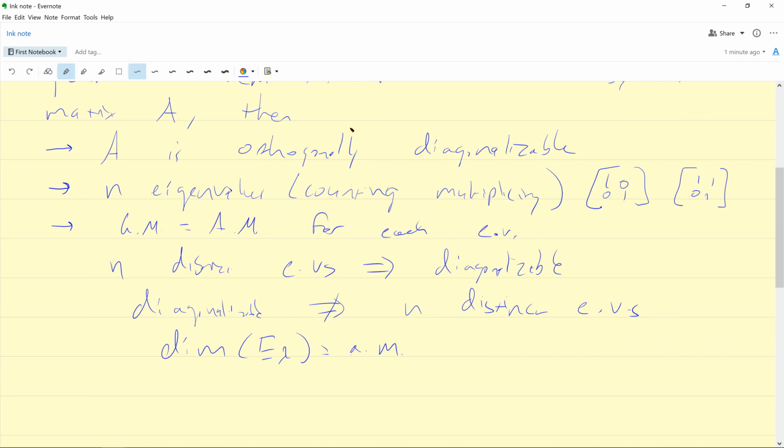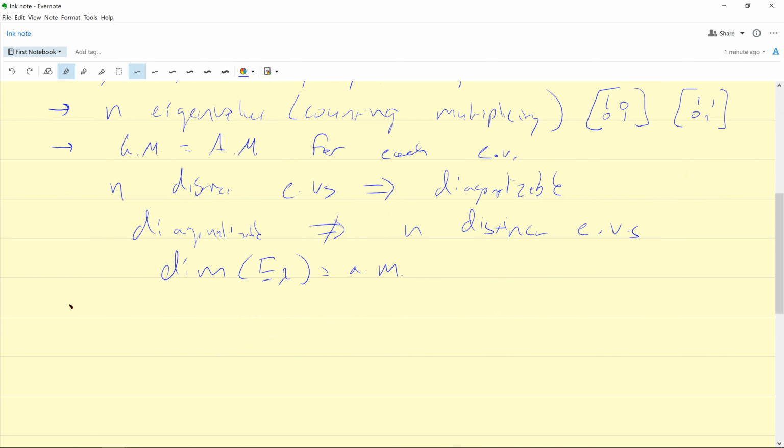What does this orthogonally diagonalizable part tell us about these eigenvectors? Is it that a vector in one eigenspace has to be perpendicular to a vector in another eigenspace? Exactly, yeah. So vectors from different eigenspaces are orthogonal.